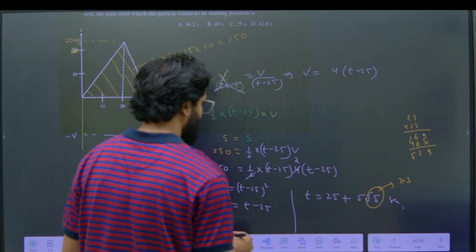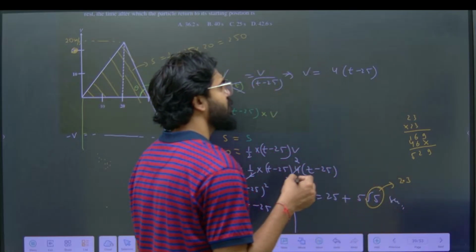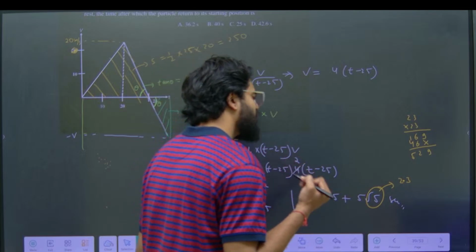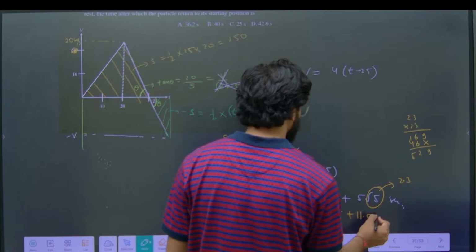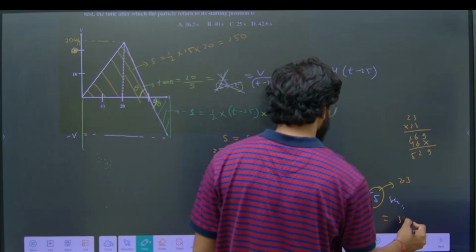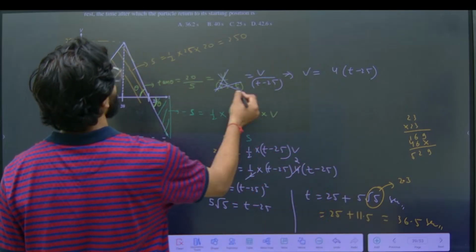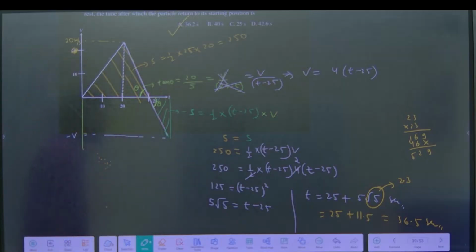Okay, root 5 is 2.3, so 2.3 into 5 is 23 by 2, that is 11.5. So approximately 11.5, so it will be 36.5 seconds. Okay, so the answer should be approximately that. Correct.